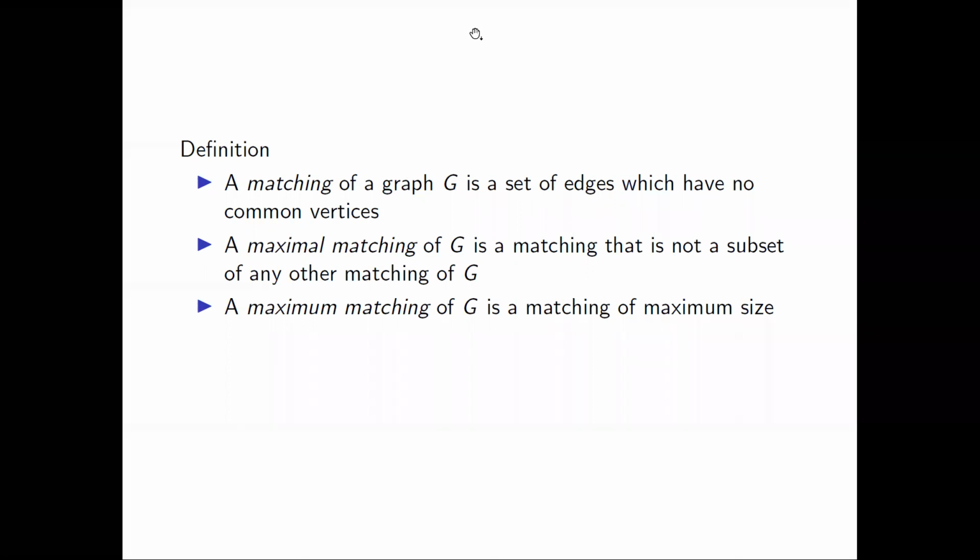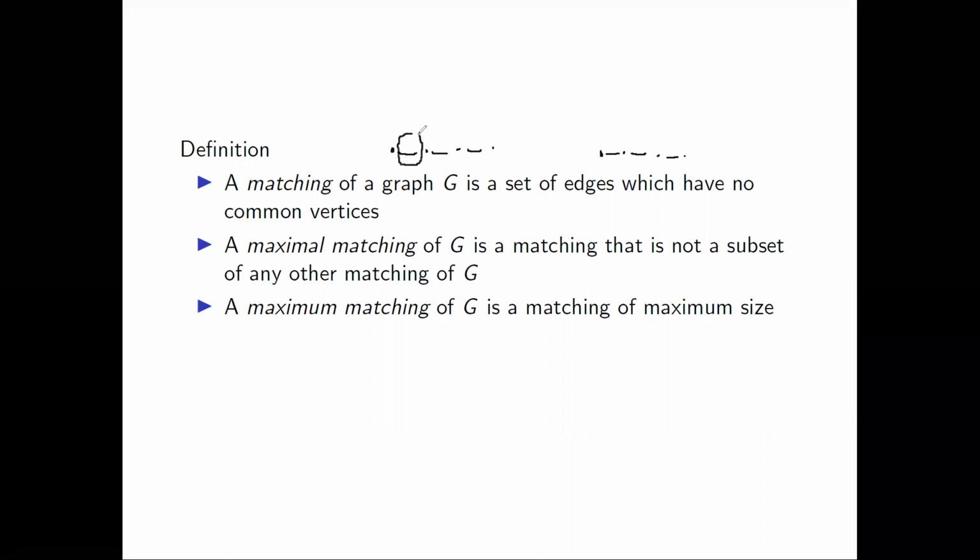An example that we saw in the last video was this graph P4. I'm going to draw two copies of it. I'm going to circle the edges in this matching.